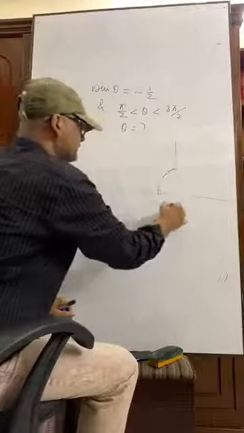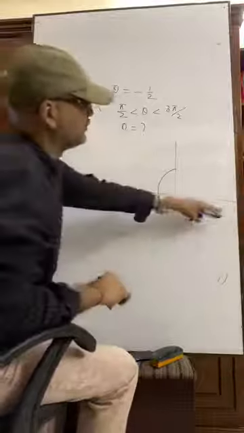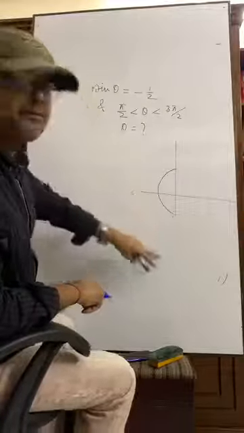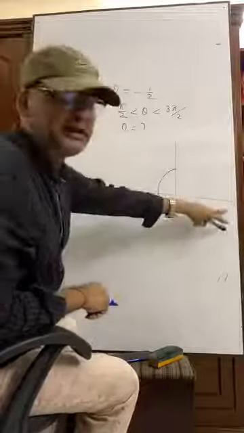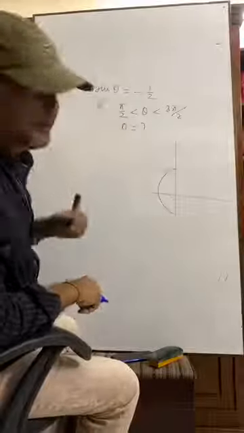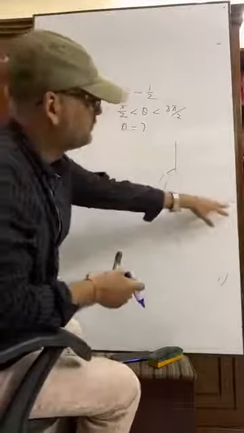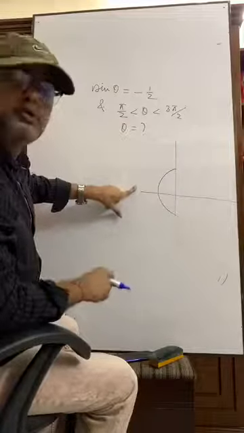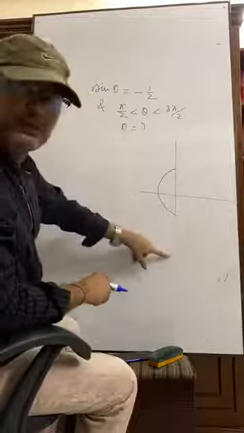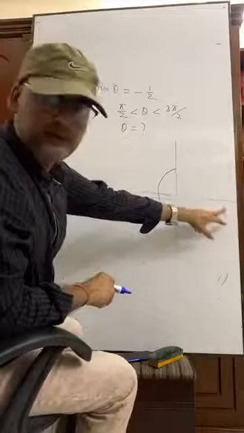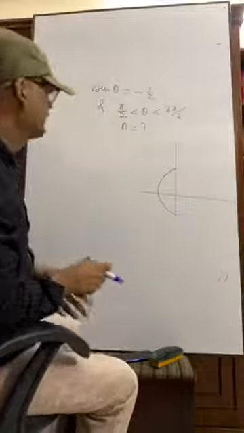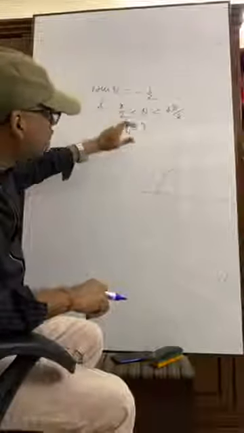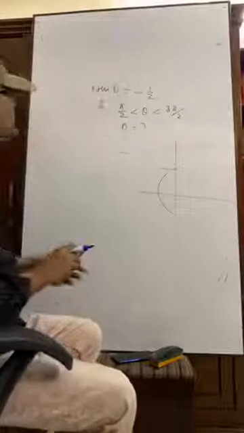This is 0, pi by 2, 2 pi by 2, that means pi, 3 pi by 2, 4 pi by 2 means 2 pi. Anyway, the range is given from pi by 2 to 3 pi by 2, okay.